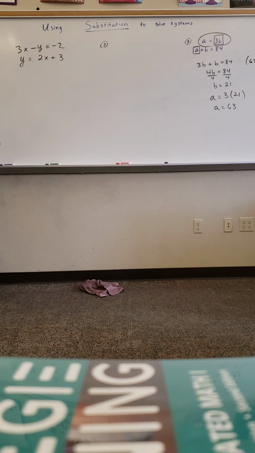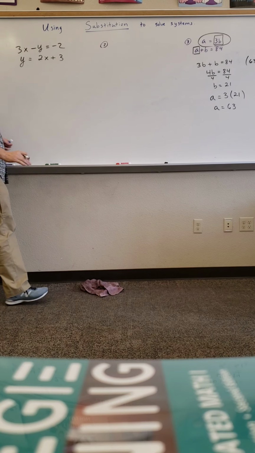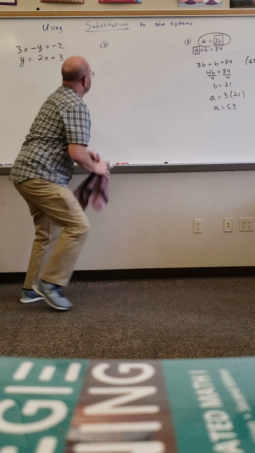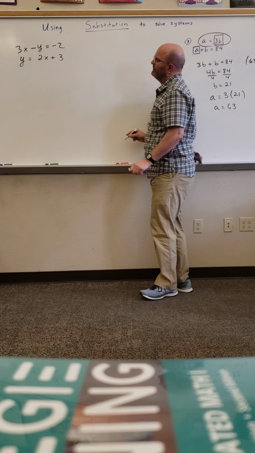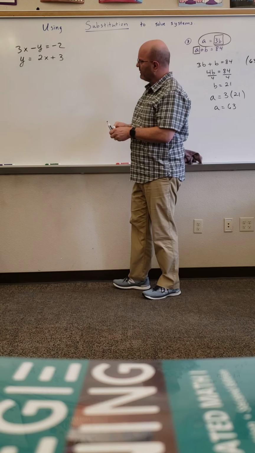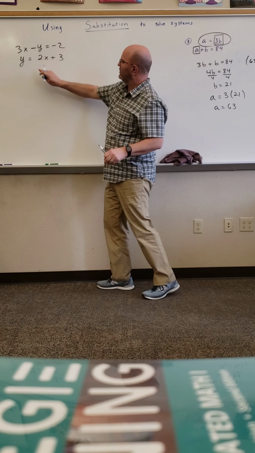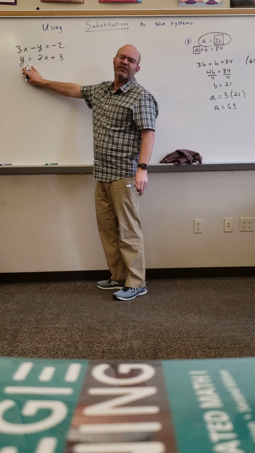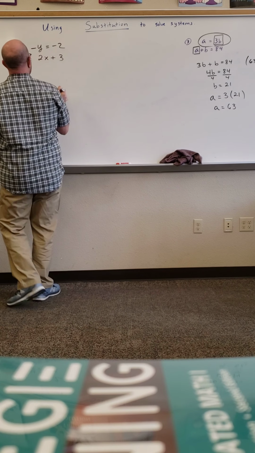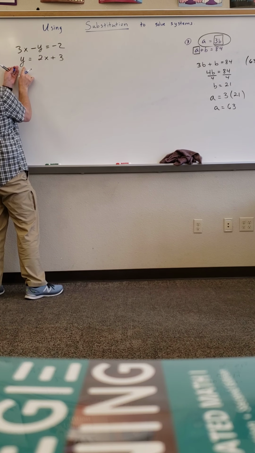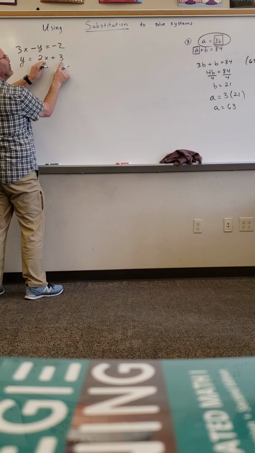All right, the equations are obviously looking a little bit fancier. Notice that this problem is set up nicely for substitution, because y is already isolated in the second equation. So I'm just going to remind everybody that y is equal to something that has 2 terms.